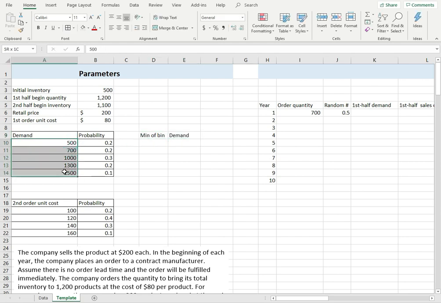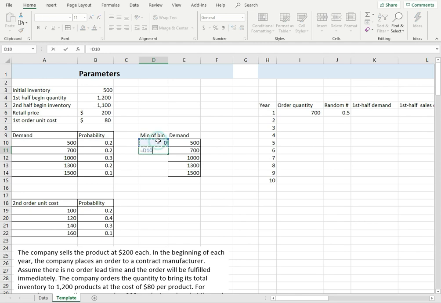So just copy the demand over here, mean of bin. The first one is always 0, then the next one is just the probability of the first outcome, and going forward, actually we can do it this way. This equals this plus this probability.